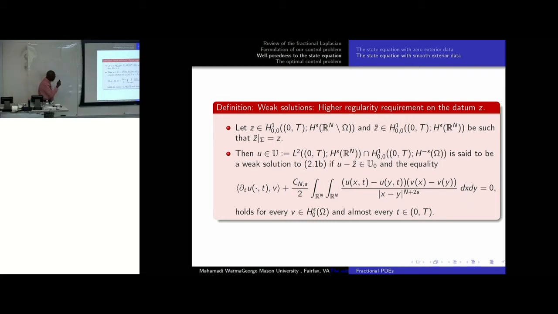Here also, we don't need to test with functions that depend on t. We can just test with functions that do not depend on t. But if you want to test with functions that depend on t, you integrate, you will get another formula, but those two are also equivalent.